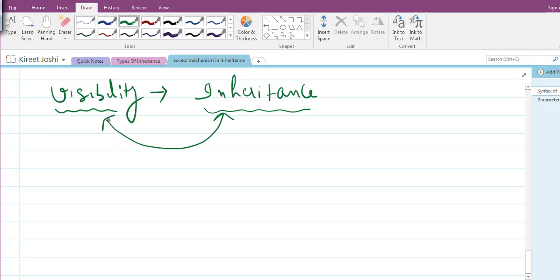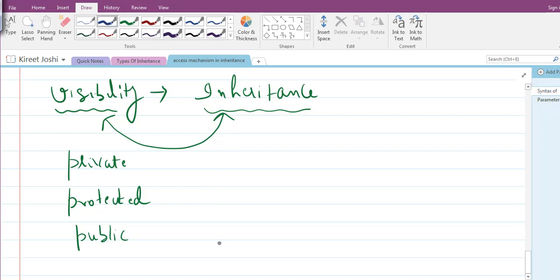Now, coming to the topic, there are basically three visibility modes in inheritance: private, protected, and public. These are the three basic visibility modes in inheritance.